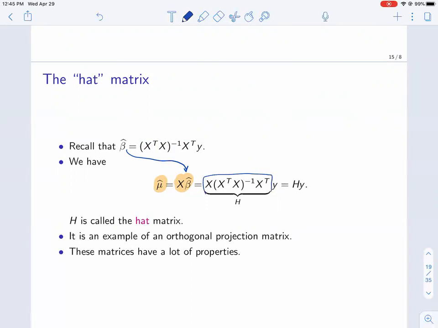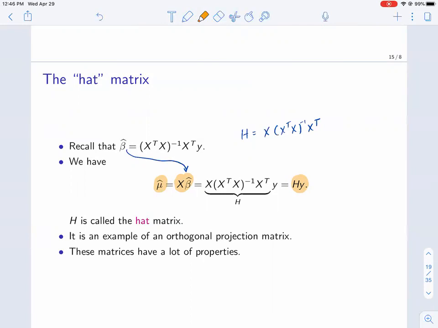And this matrix here is called H, or the hat matrix. If I define H to be X (X transpose X) inverse X transpose, then I can write the result as mu hat is H times Y.